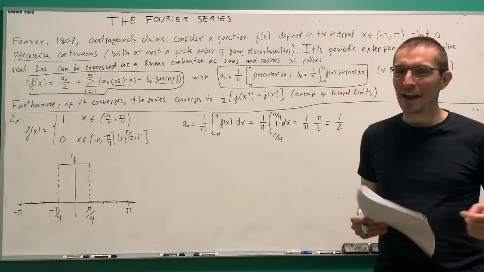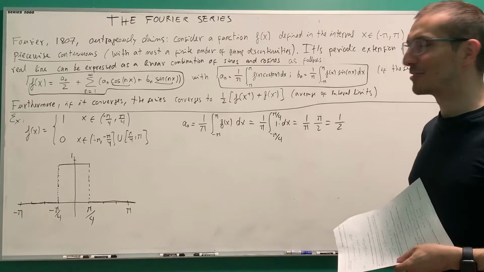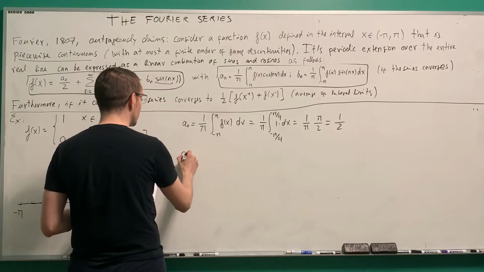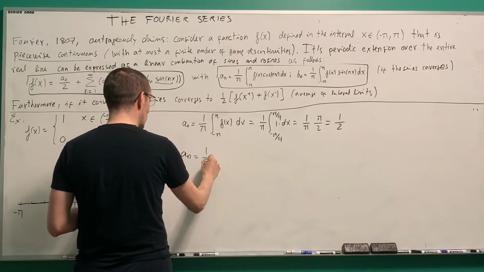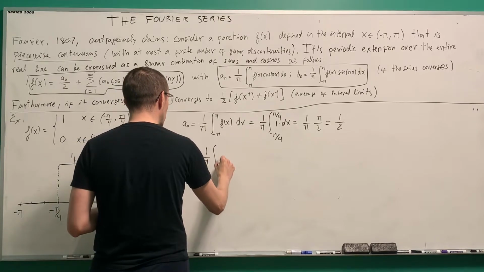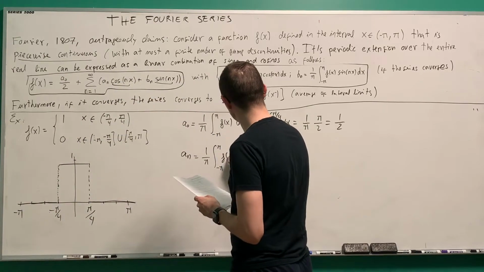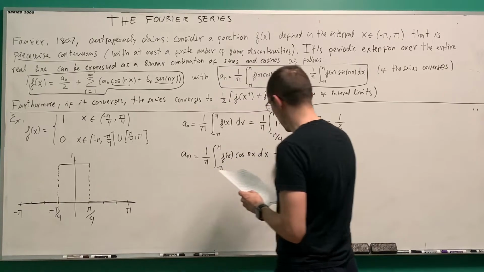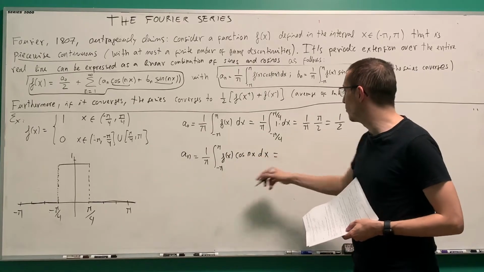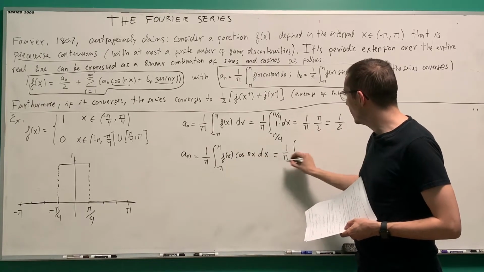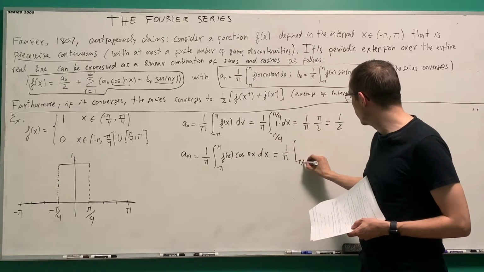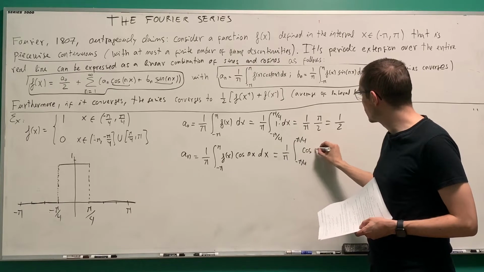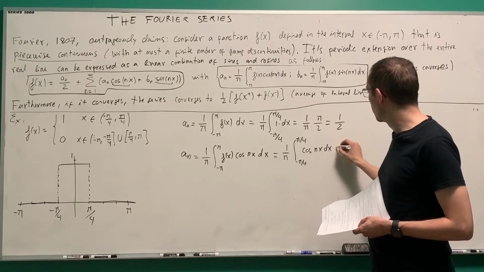Most of these integrals are done by parts. I'm not going to be doing them, but I'm going to give you some directions, some tricks to do some of them very fast. Now, let's compute AN. AN is 1 over pi, integral minus pi to pi, f of x, cosine nx dx. Now, of course, same as before, this is 1 over pi, integral substituting the f, minus pi over 4 to pi over 4, because it's 0 outside of that environment, and it's 1 elsewhere, cosine of nx dx.